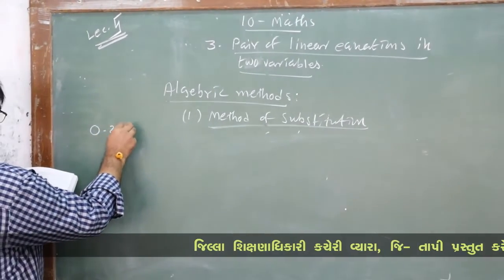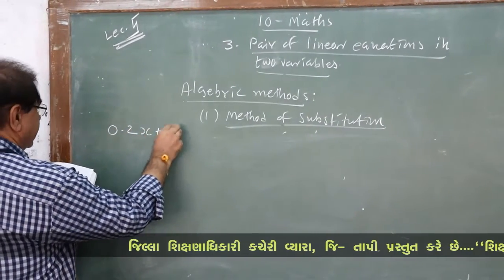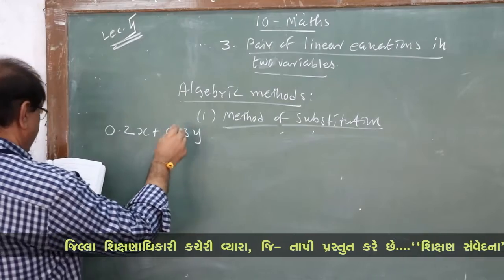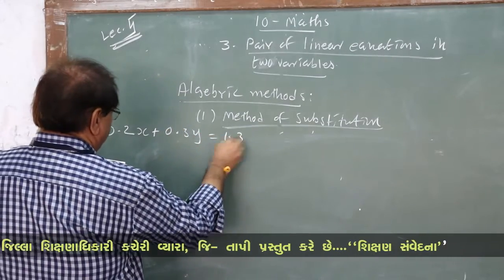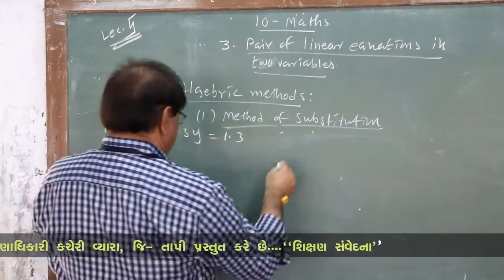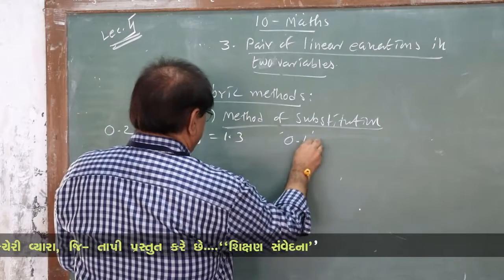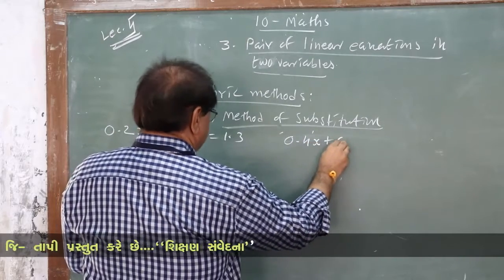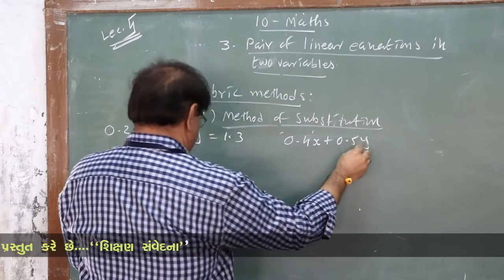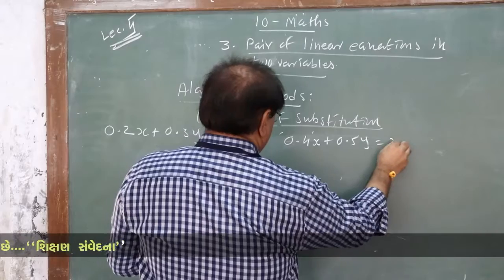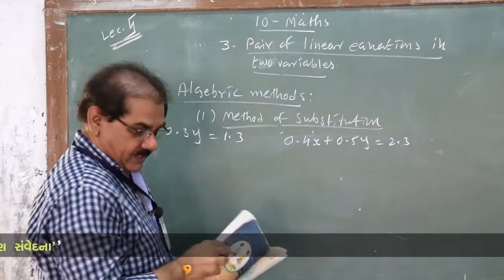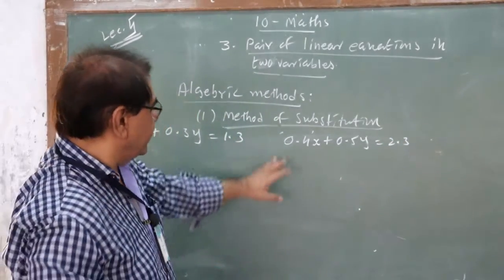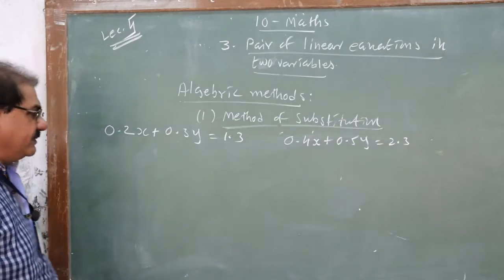Question 1, fourth one. 0.2x plus 0.3y is equal to 1.3, and the second is 0.4x plus 0.5y is equal to 2.3. Here the coefficients are given in the form of decimal fractions.